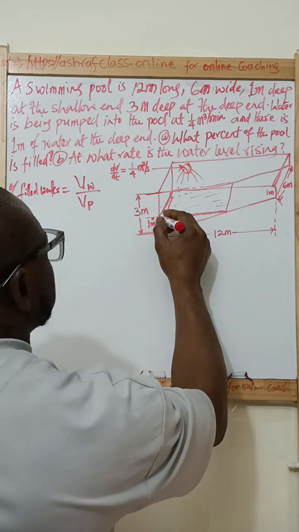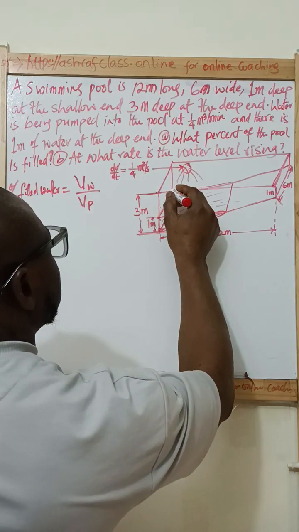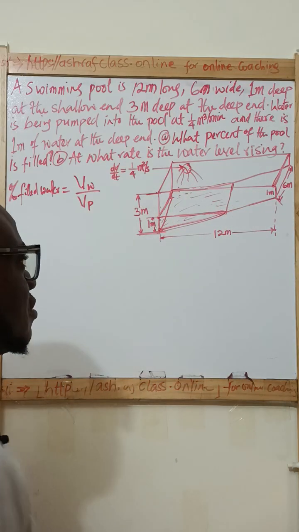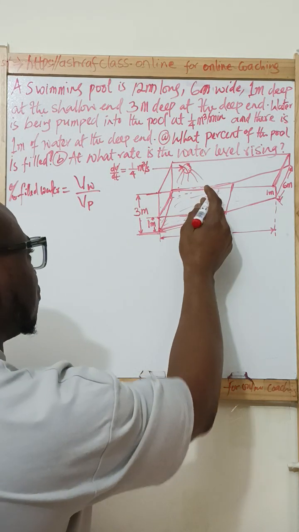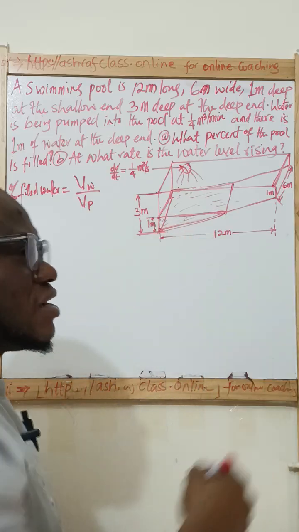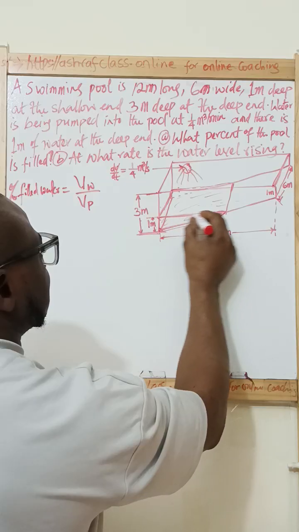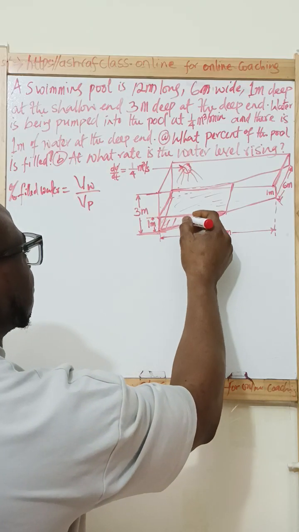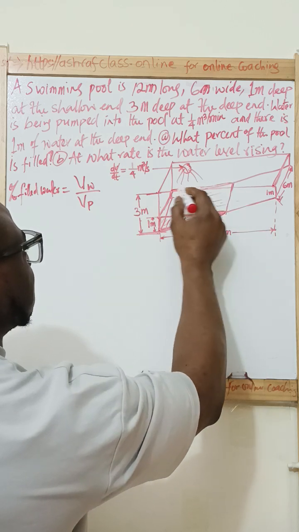This particular shape that is formed here is a triangular prism. And how do we get the volume? The volume is the cross-sectional area times the height. It is the same cross-sectional area that you will find on this side.